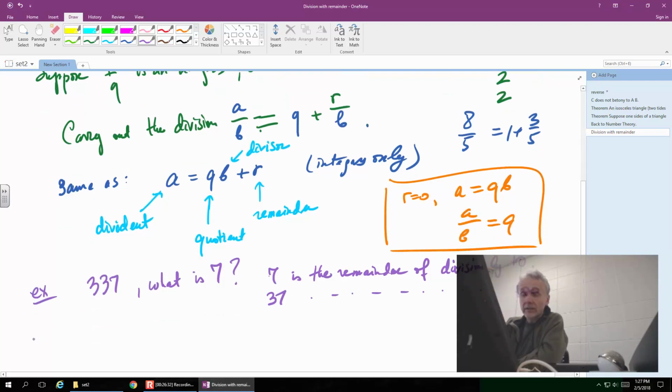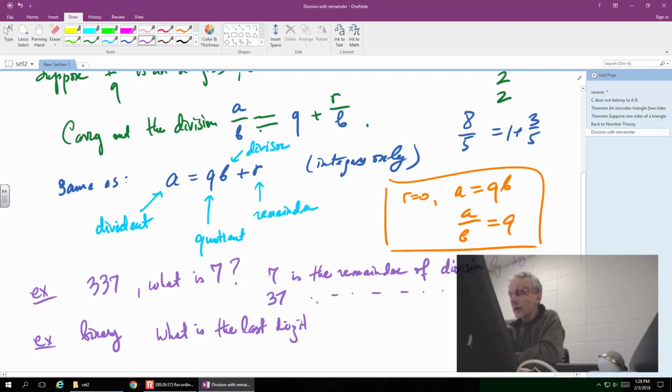A slightly more exotic example is the binary. If you want to represent a number in binary, you divide by powers of 2. What is the last digit of 337 in binary? Even though calling them digits refers to 10. 1.